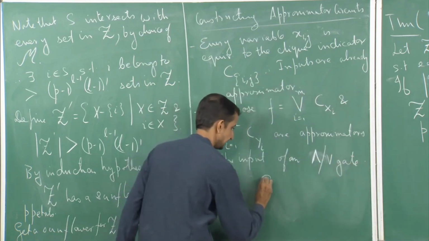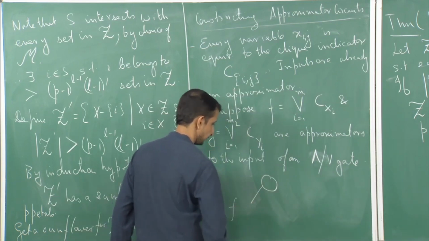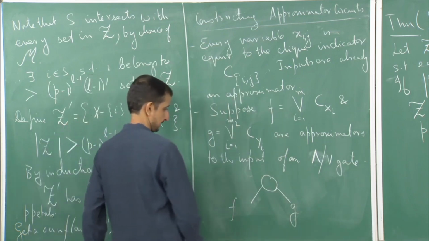So basically consider some gate, and we have f over here and g over here, which are already approximators.